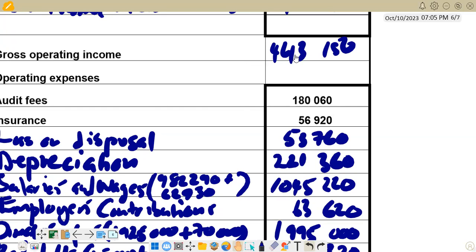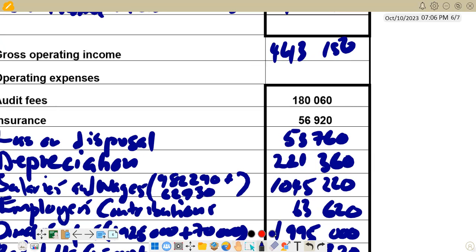To get operating profit, we said this one, which is 4,613,150, minus this one. So we find the difference between the two, and you are supposed to get 3 million.